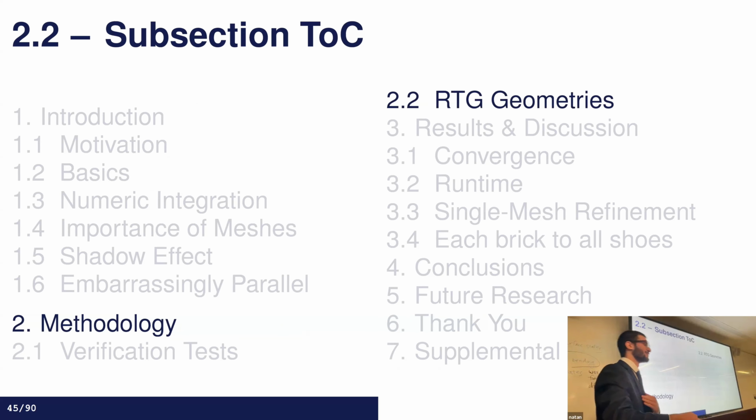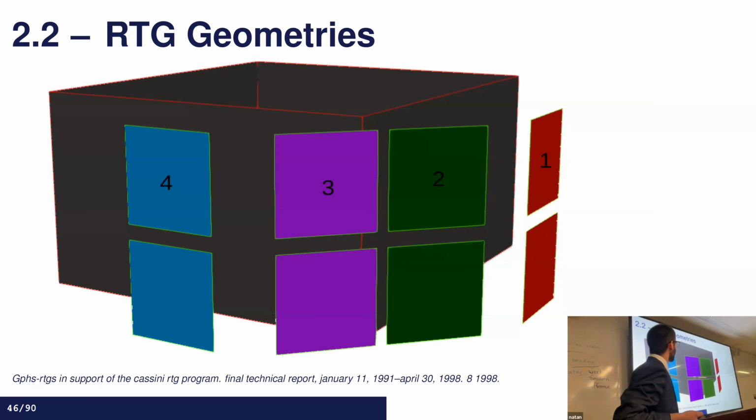For the RTG geometries themselves, if you remember the geometry from before, we have a GPHS brick, that's our heat source, surrounded by a whole bunch of hot shoes. Now, I'm only considering 4 columns of hot shoes. That is because this section of hot shoes is symmetric around the RTG, and so we only need these 4 to fully represent the entire axis.